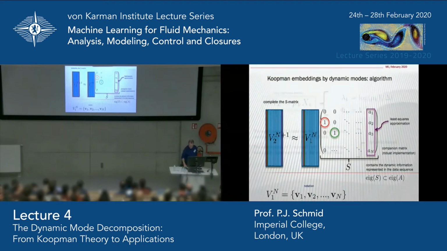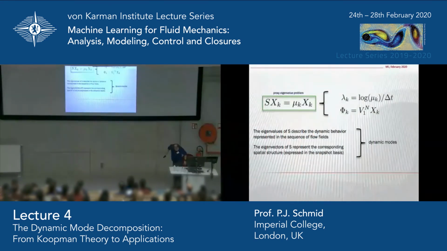So for example, if I want to get the eigenvalues and eigenvectors, the spectral components of the operation that gets my snapshot basis, I can just take the eigenvalues of S and eigenvectors of S. Here the eigenvalues, here the eigenvectors.